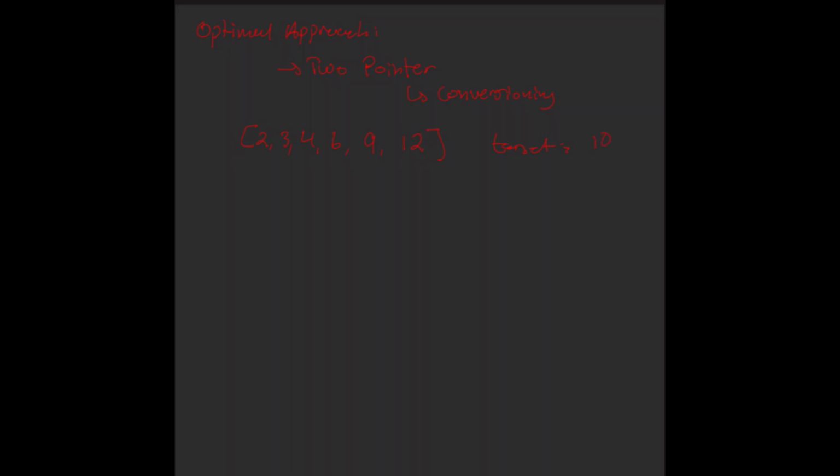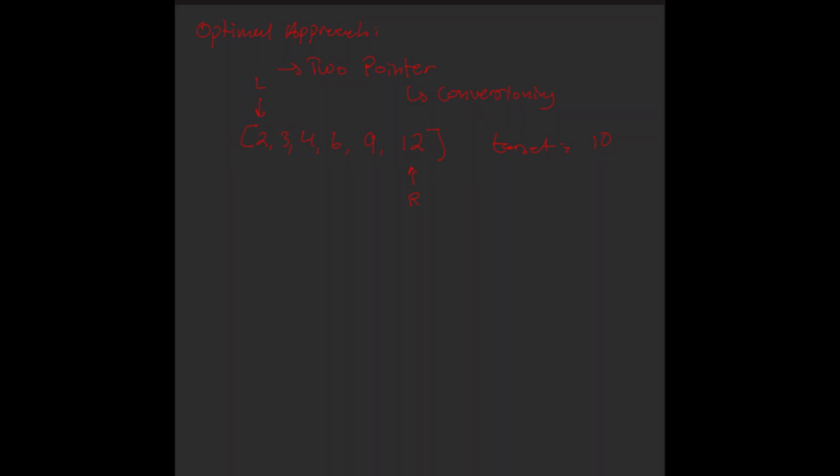So the way this algorithm works, first you need to initialize your pointers. You have a left pointer that starts at the far left of the array, and you have a right pointer that starts at the far right of the array.